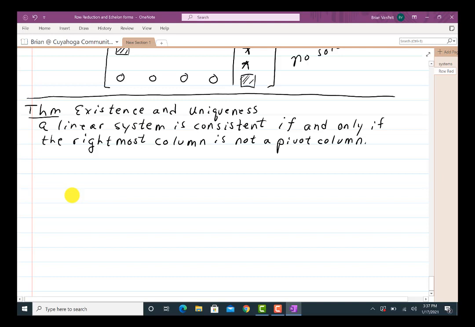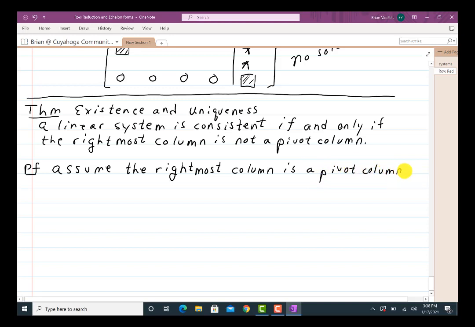So let's take a look. Let me do a proof. Assume the rightmost column is a pivot column. Well, what that means, if that rightmost column is a pivot column, then in its row, it has to look something like this.